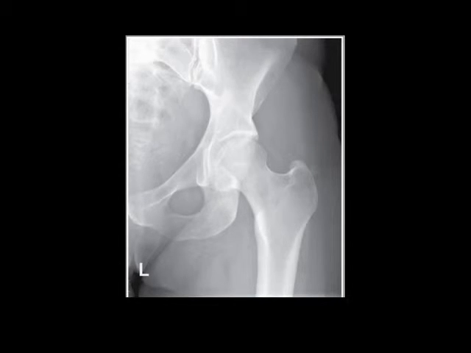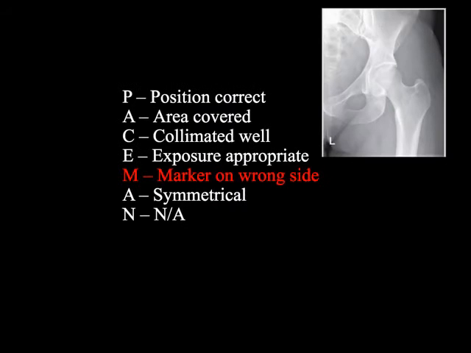So position, area, collimation, exposure, marker, aesthetics, and name. Of course, the obvious thing here is the marker is incorrect. I would assume it is a left hip, but we would want this marker on the left, on the patient's lateral side.